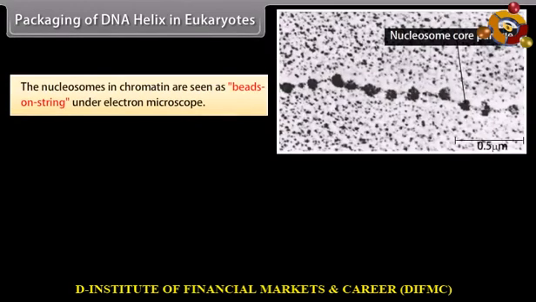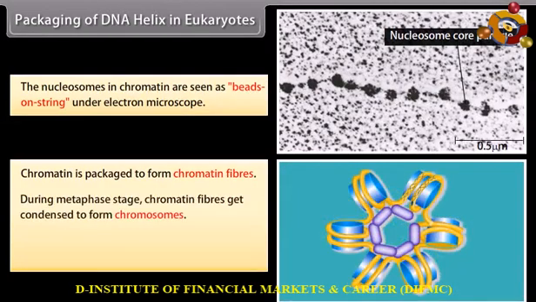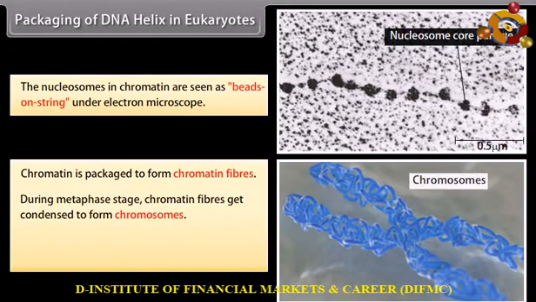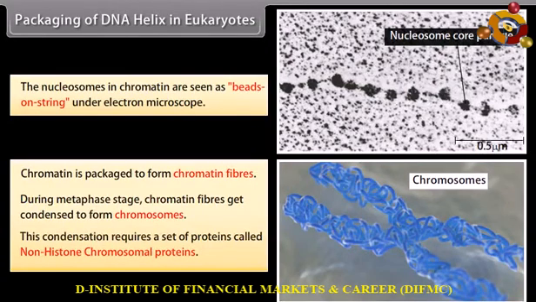The nucleosomes in chromatin are seen as beads on string under electron microscope. Chromatin is packaged to form chromatin fibers. During metaphase, chromatin fibers get condensed to form chromosomes. This condensation requires a set of proteins called non-histone chromosomal proteins.